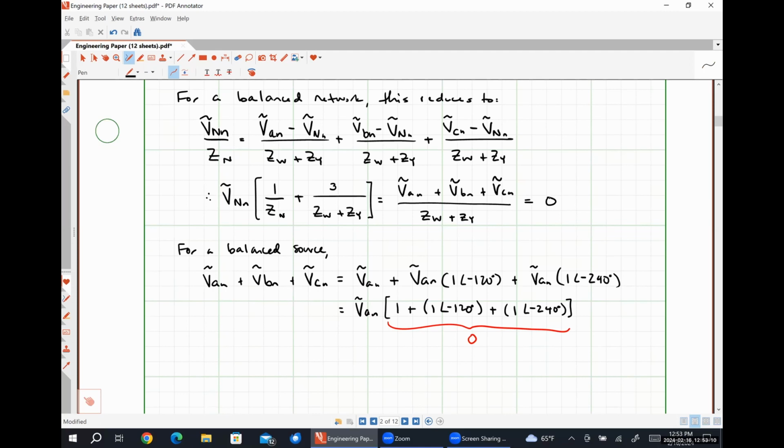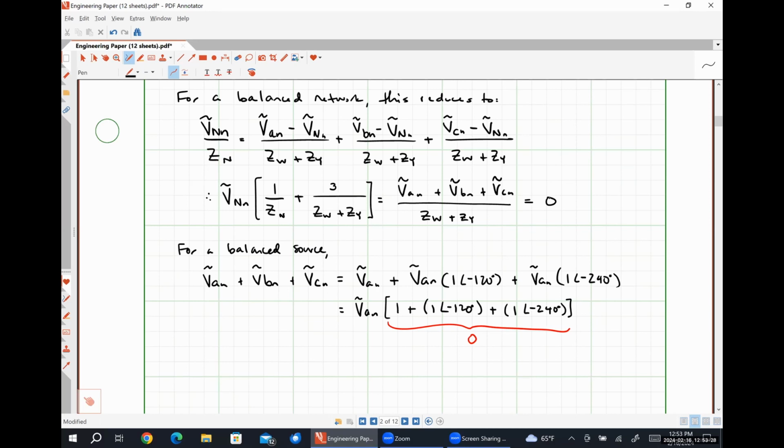What is the implication here? Well, VAN, VBN, and VCN individually aren't zero. Those are our source voltages. But the left-hand side of this expression and the right-hand side of the expression have to equal zero.